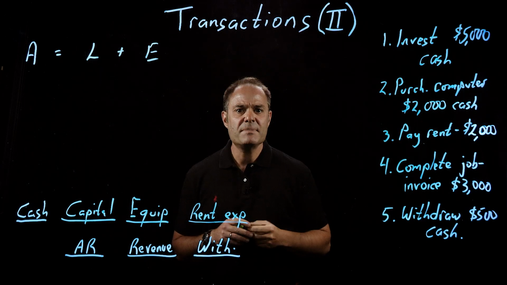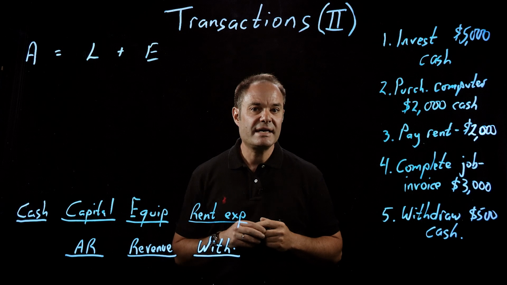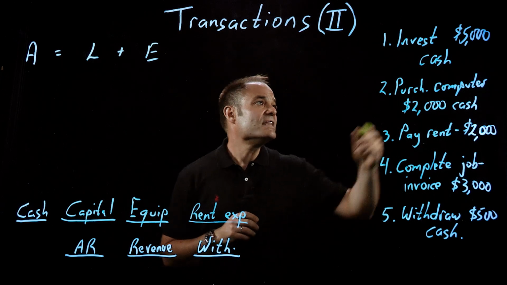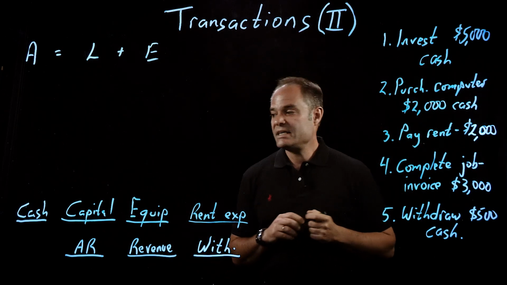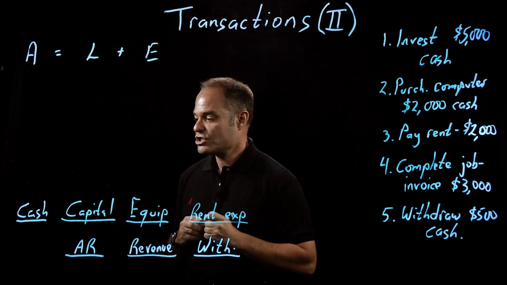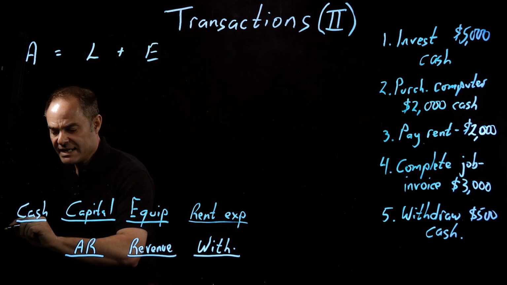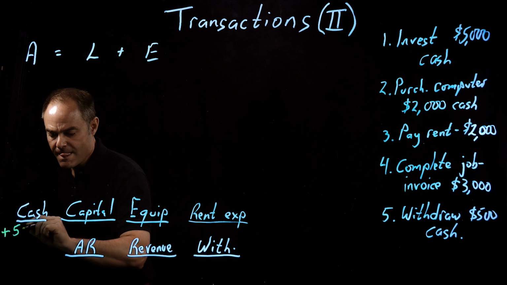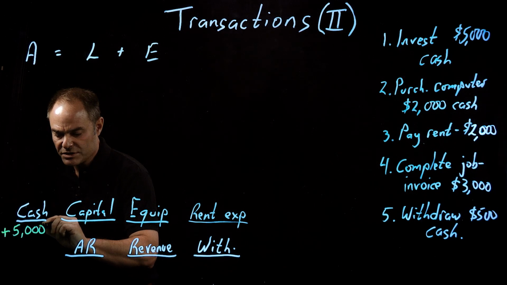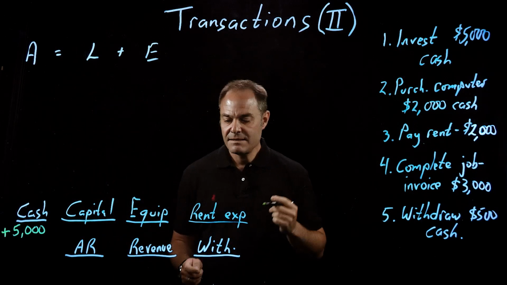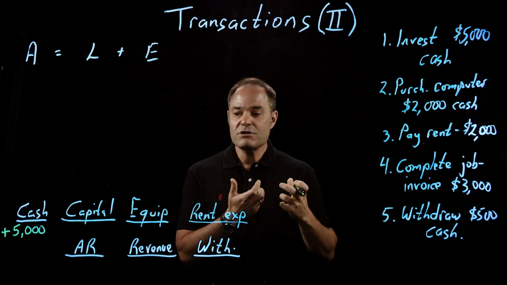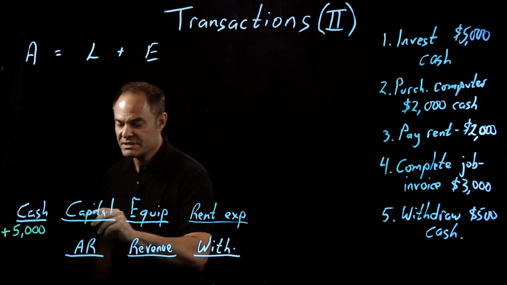Let's take a look at how they might get recorded very simply just by looking at assets and liabilities. In the first one, we said he's going to invest $5,000 of cash. So that means that the company is going to have $5,000 of cash, and that investment is going to get recorded as capital in the business or as equity.